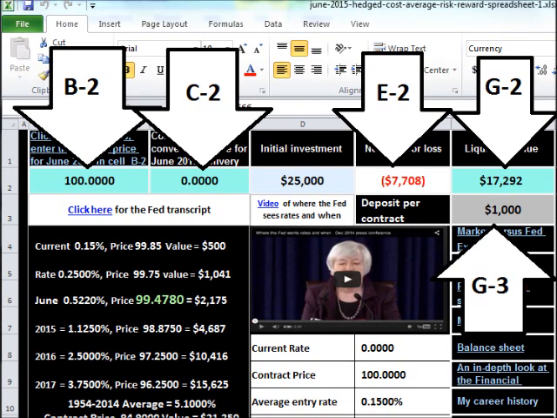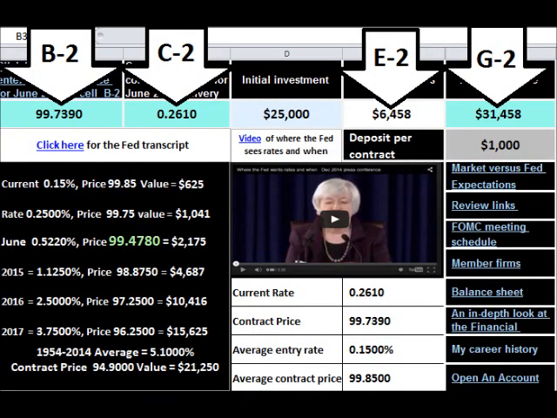In G3, you can change the leverage to whatever you want per contract. In this case, I'm using 1,000, but you could put in 2,500, you could put in 500. Let's assume that the Federal Reserve is half right about the rate they set, and the June delivery moves from the current 0.15, contract value $625, to 0.2610, contract value $1,087.